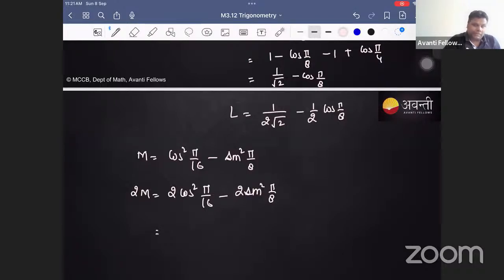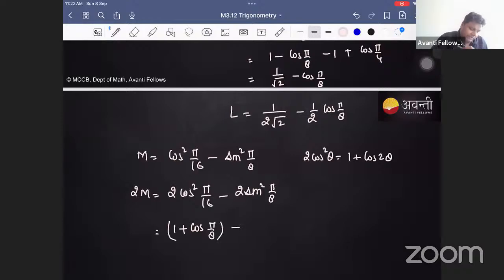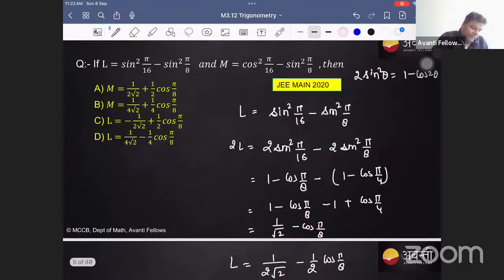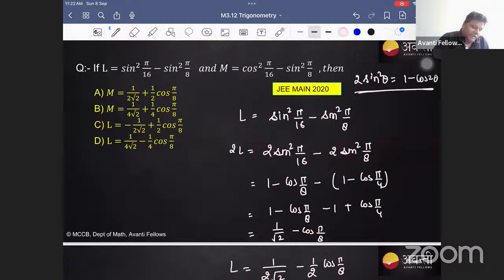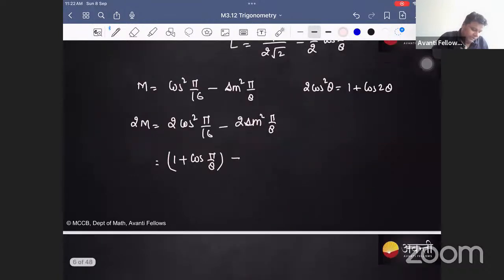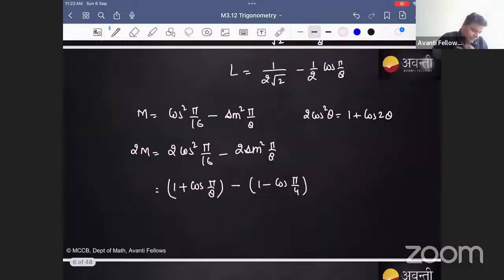Now this 2 cos square theta, I will replace with 1 plus cos 2 theta, double of the angle. So it will become 1 plus cos pi by 8 minus. Again same formula, 2 sine square theta as 1 minus cos 2 theta. So it will be 1 minus cos pi by 4. Am I correct?